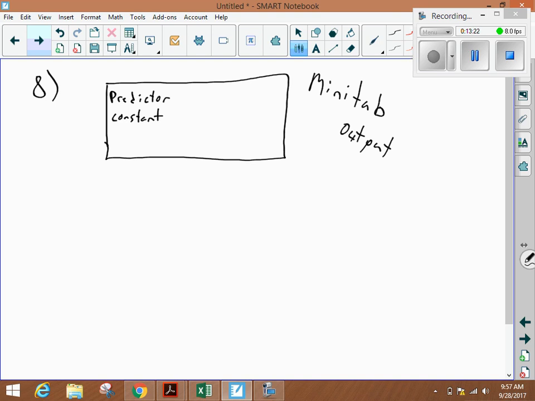Just remember, this is going to be your slope. And that's all you need from that, right? And then you might have an R squared value, and then you'll also have a standard deviation. Just remember where those go.